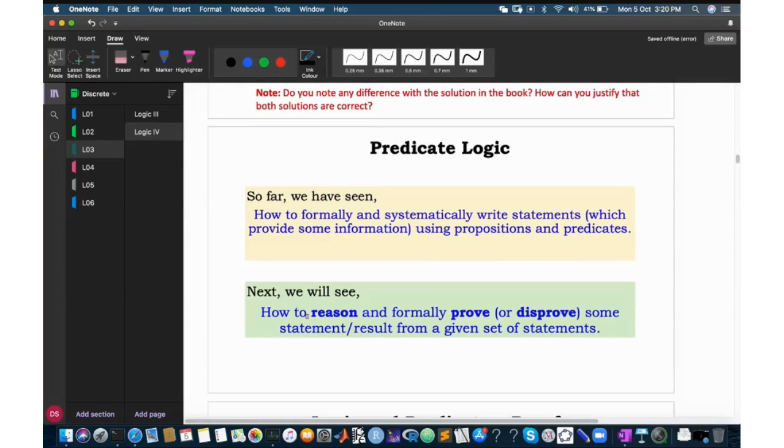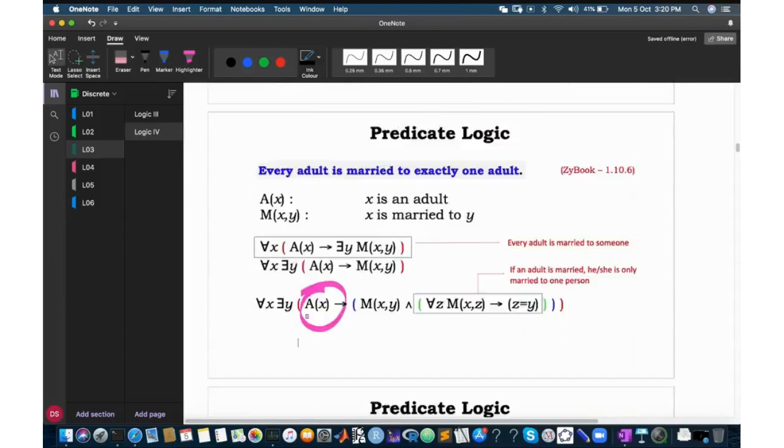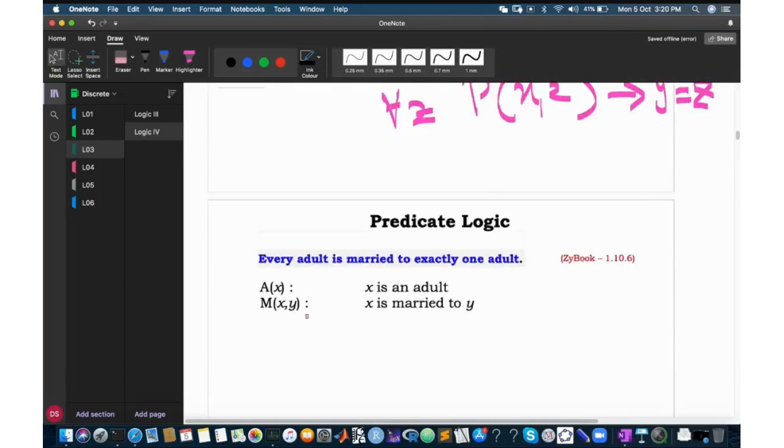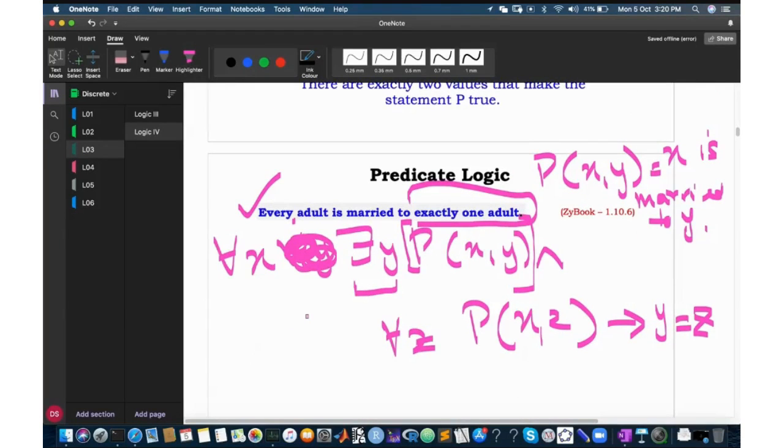So far, we have seen how to formally and systematically write statements. Sir, sorry to disturb you. I just have a small confusion. If we have specified that z must be equal to y, does that specifically mean that y is only one adult? So the thing is, if there is someone else that x is married to, then this part becomes false.